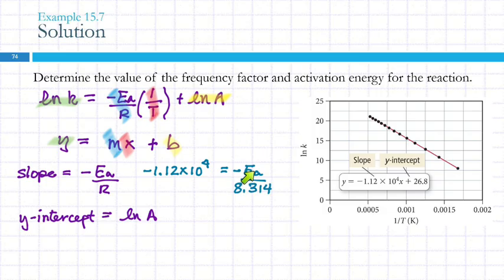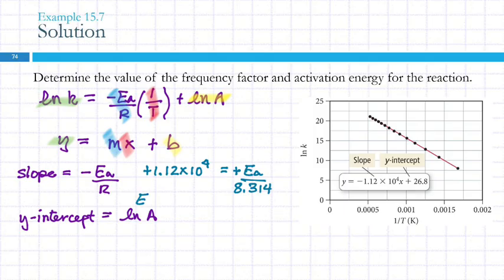So we need to solve for EA. So we've got a negative on both sides. If we multiply both sides by -1, the negative goes away, right? To move the 8.314, we multiply both sides.